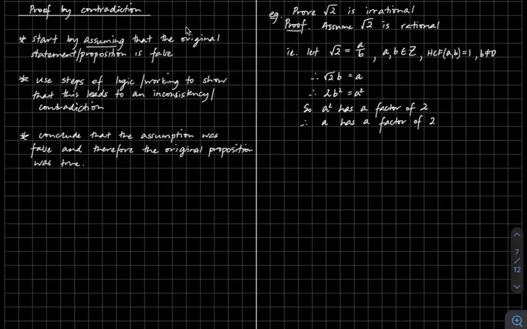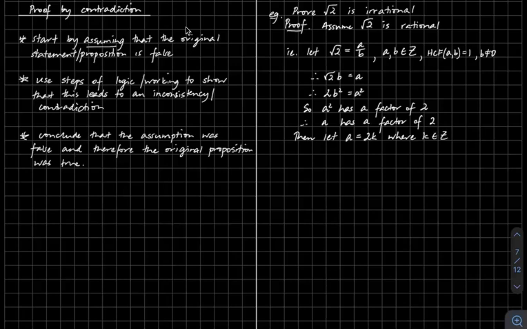We could prove that as a separate proof, but we're assuming it's been shown that if a squared is even, then a has to be even as well. So let a be equal to 2 times k, where k is some integer.